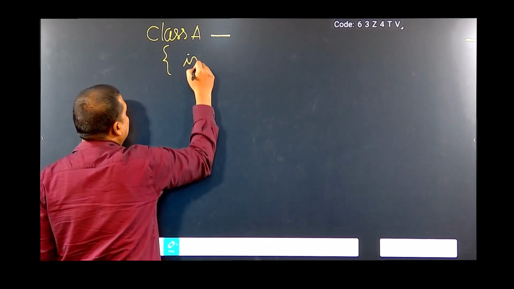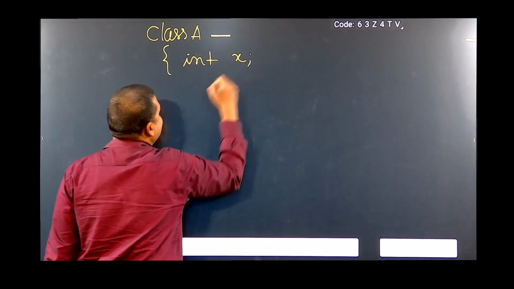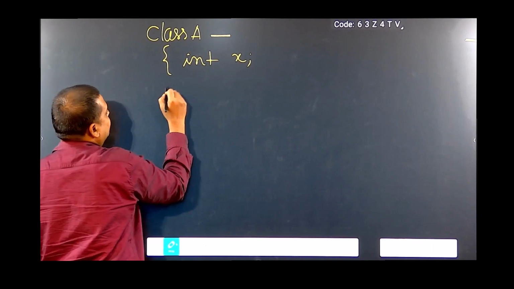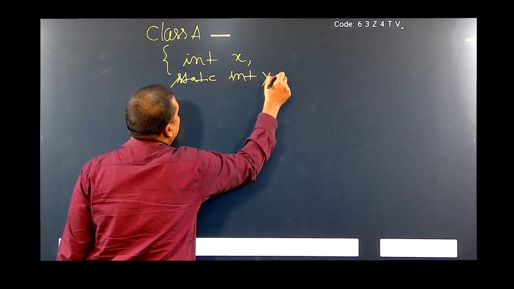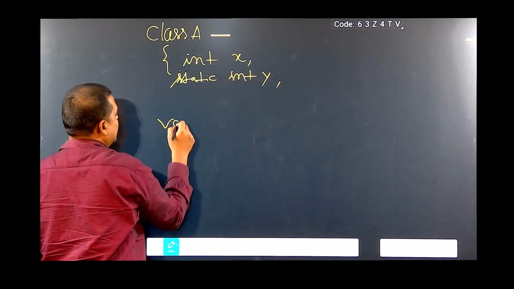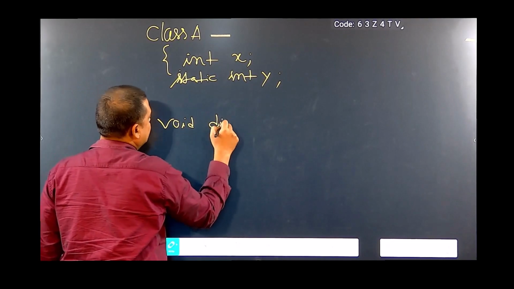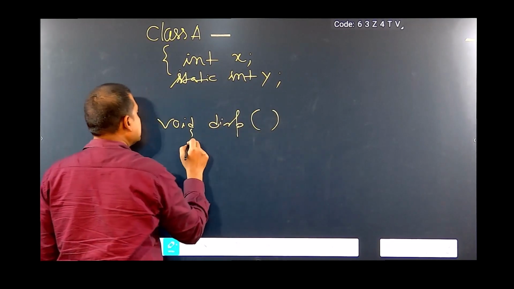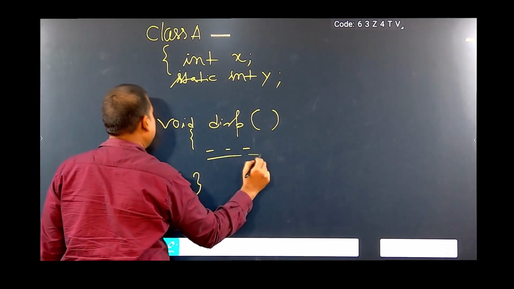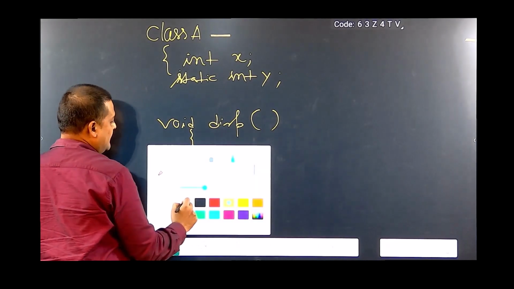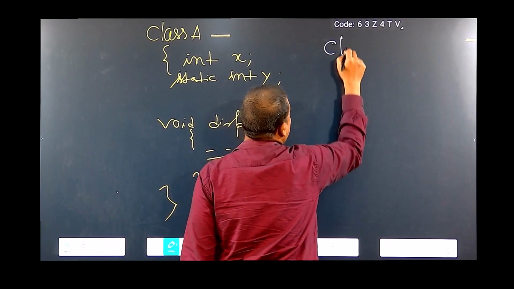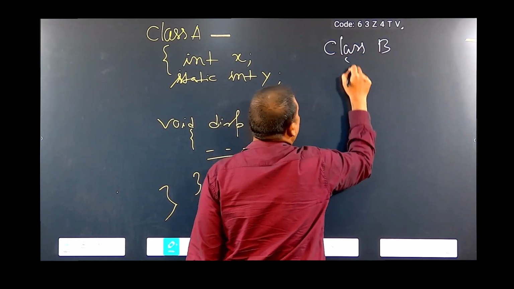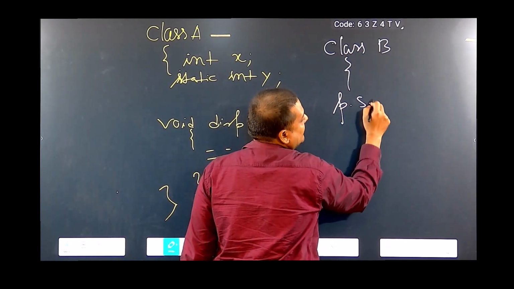Here one variable is x, another variable is static int y, and there is a method void display, whatever operations are performed inside this. Now, at runtime when the program is running, there is another class, say class B, where the method is public static void main.